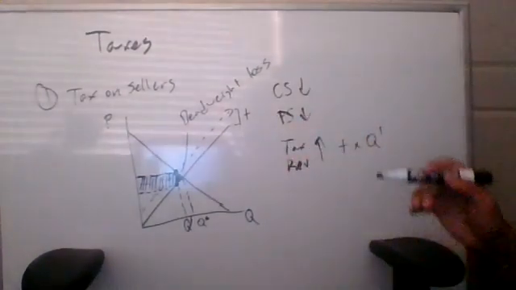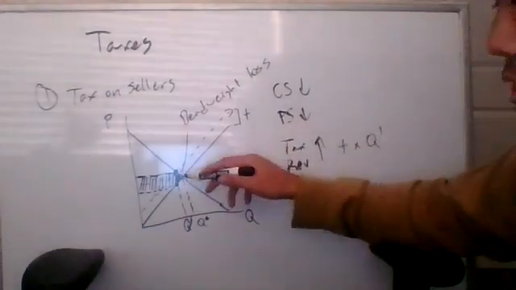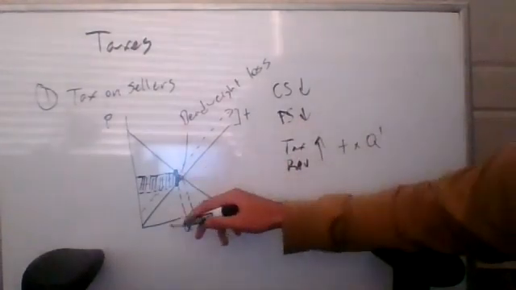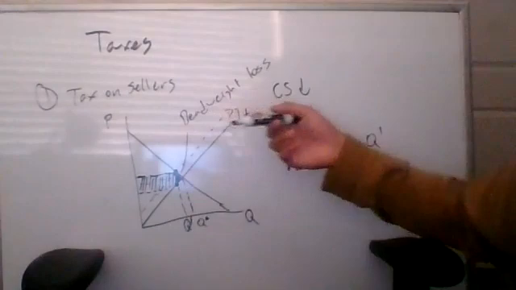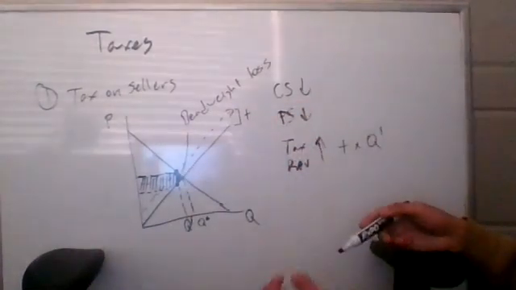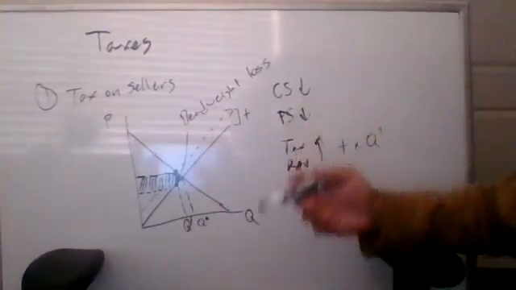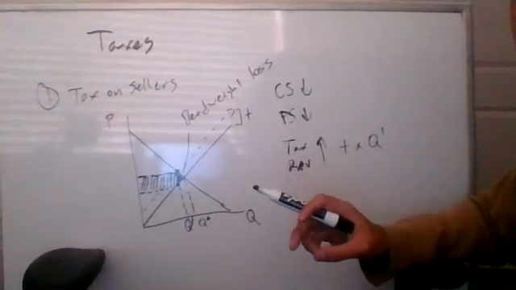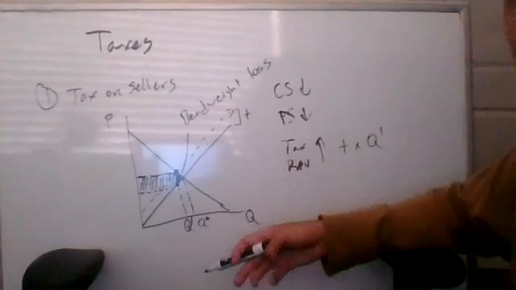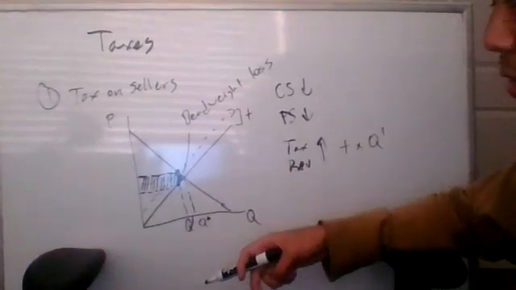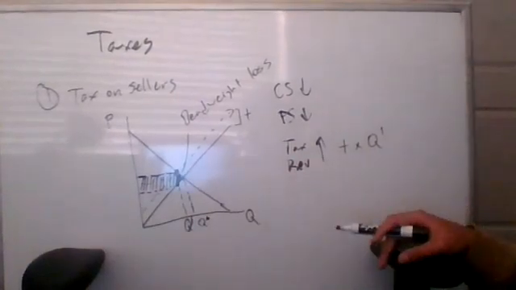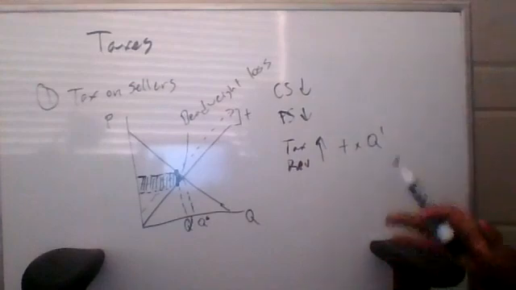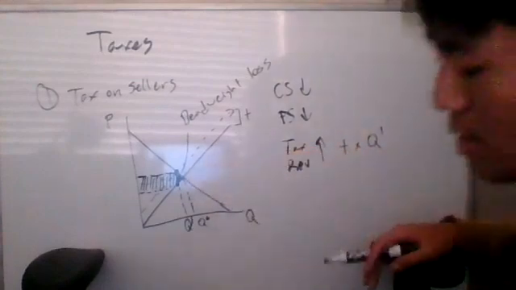So deadweight loss can only occur when there's a change in quantity, or else there would be no area. We can think of deadweight loss as occurring when quantity changes from the optimal amount that existed before. This should all be kind of review for you guys.